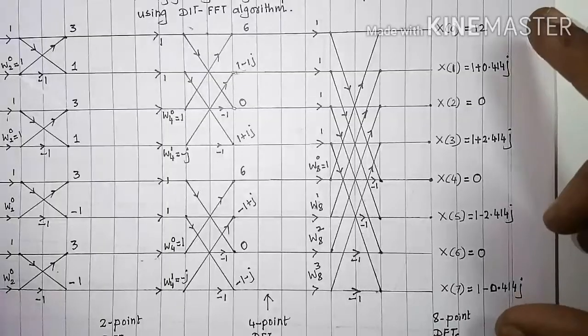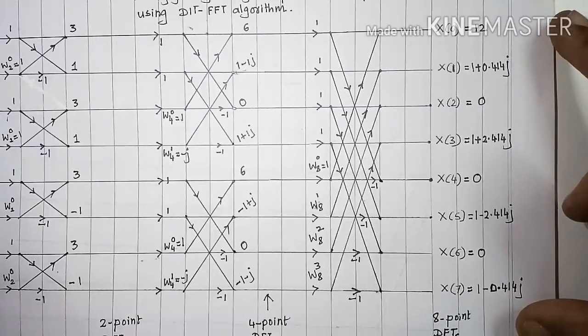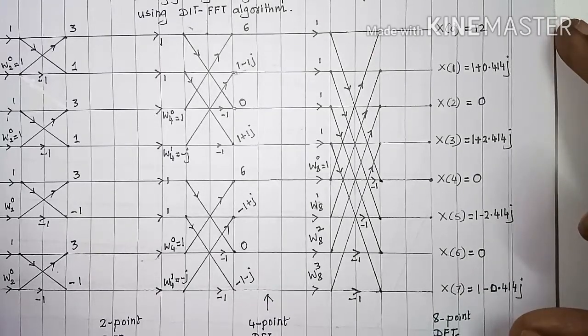So now we will write 8-point DFTs in one line on next page.